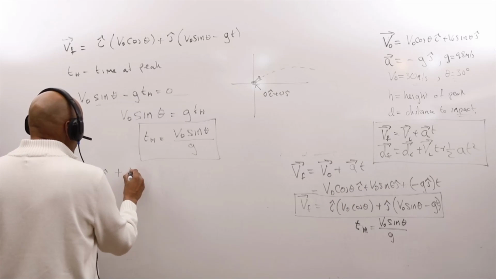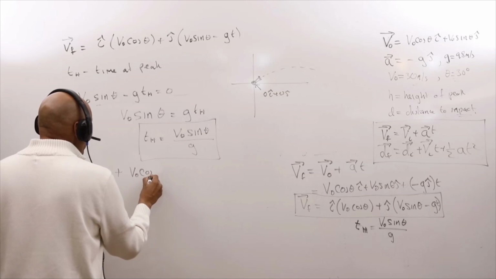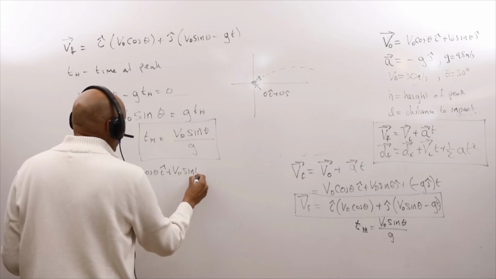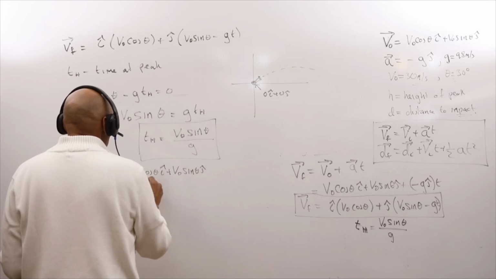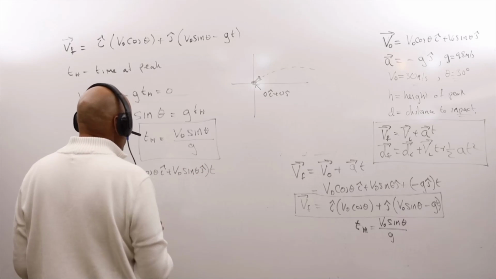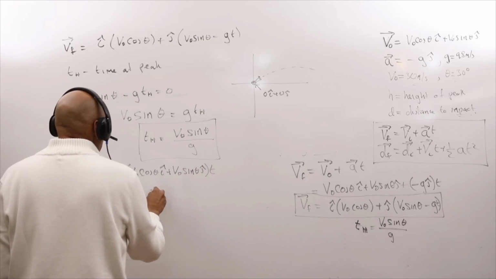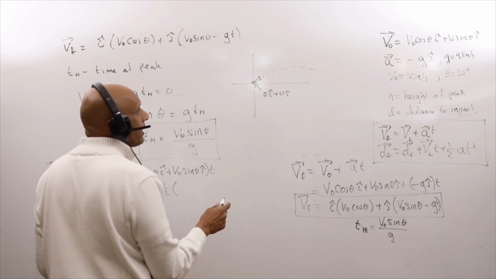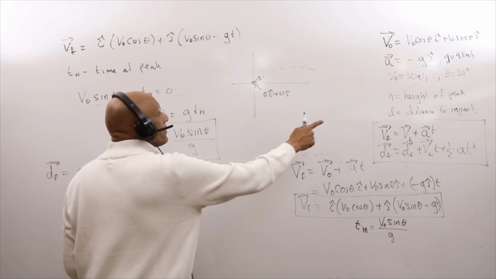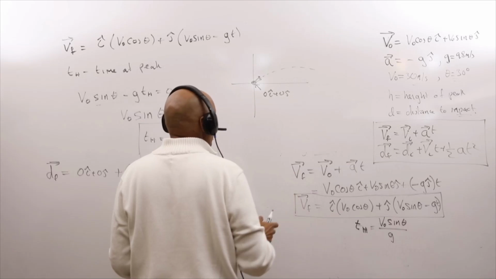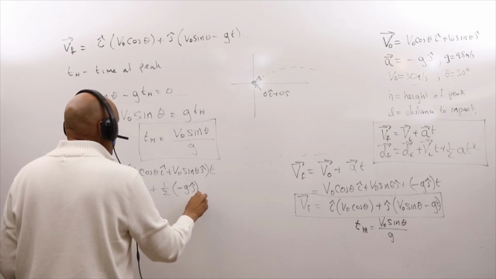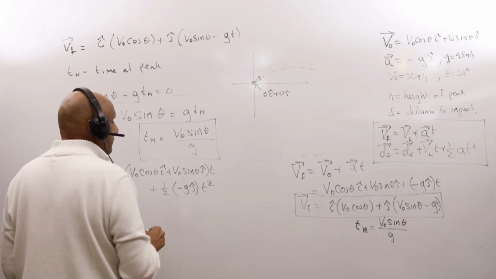So this is really V0 cosine of theta i plus V0 sine of theta j times t. And then finally, the acceleration is given by minus g j, with a factor of 1/2. Oh, I should put it right here. Here's our V0t. I was wondering where I put it. So here is minus g j times t squared.